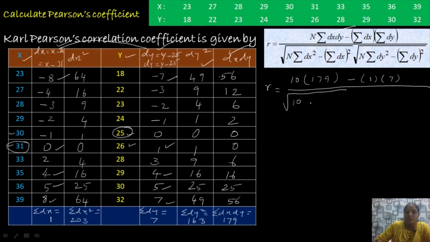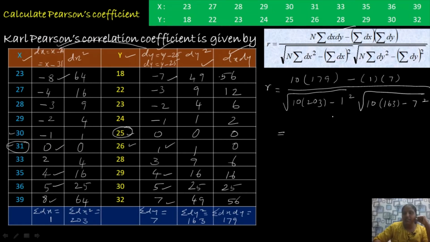Sigma dx square is 203, and sigma dy square is 163.